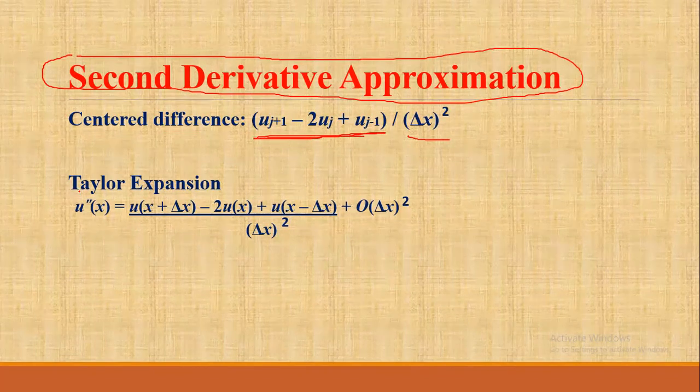So we know the Taylor series expansion, and we define u double dash x as u(x + delta x) - 2u(x) + u(x - delta x) upon delta x squared into the remaining term. So that is the basic idea of how to write the first order derivative and the second order derivative.